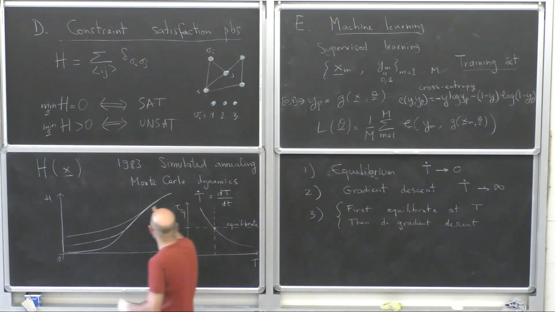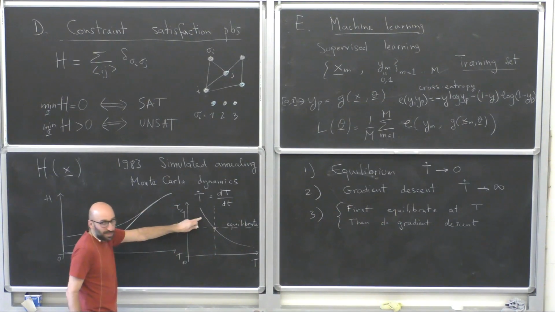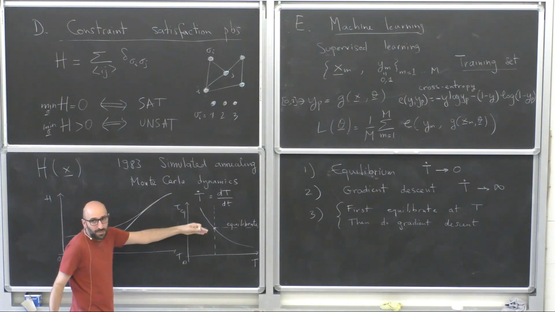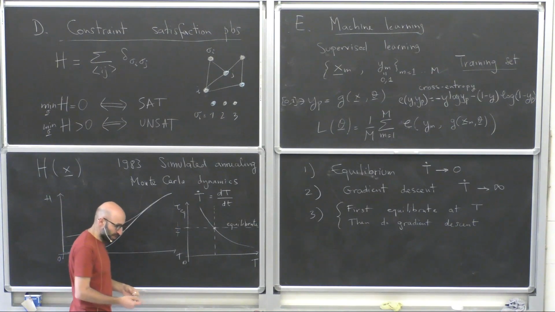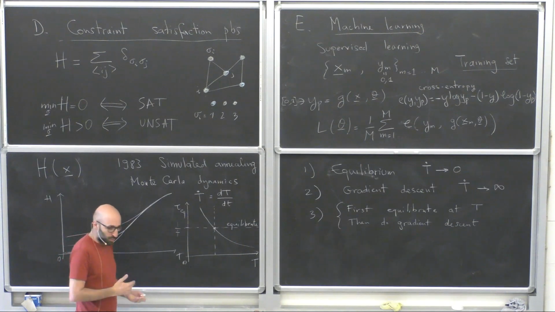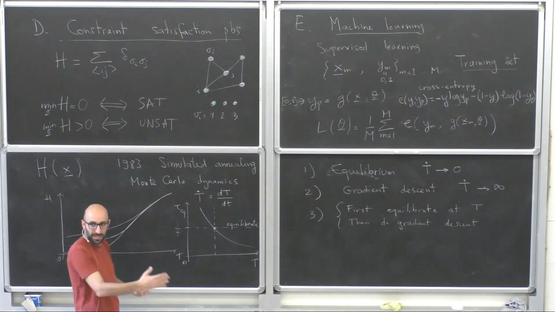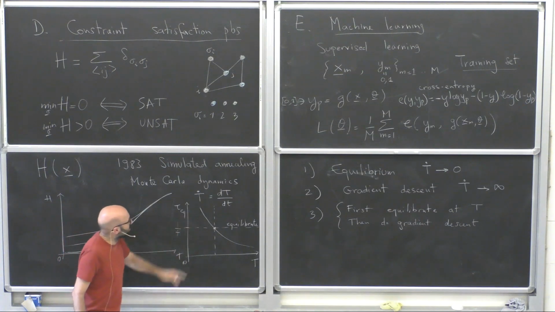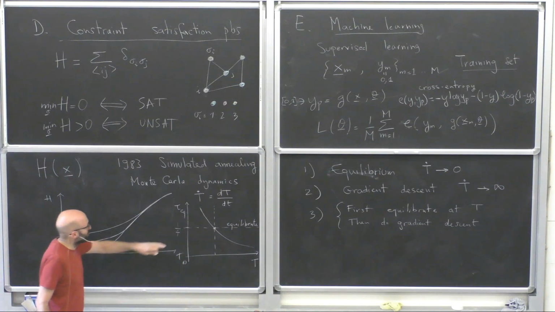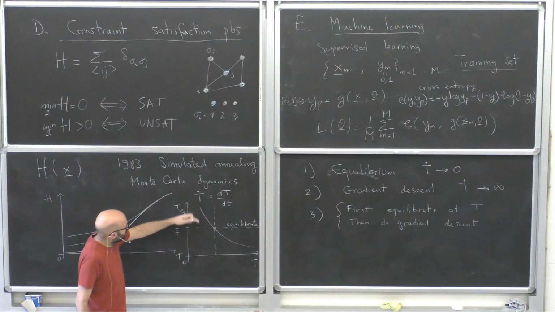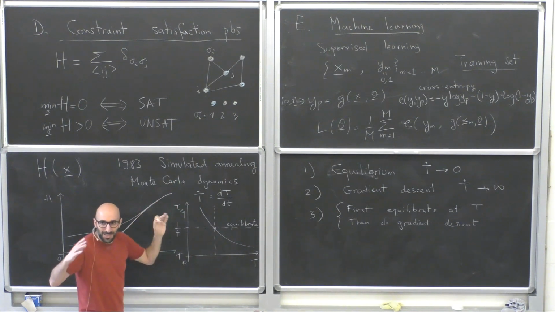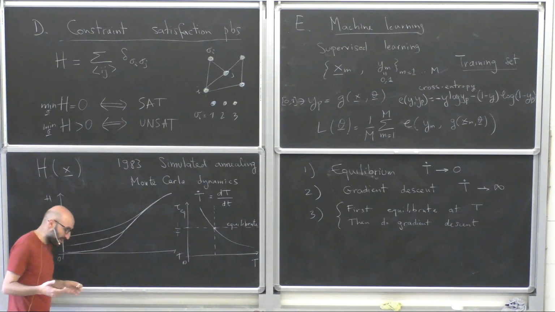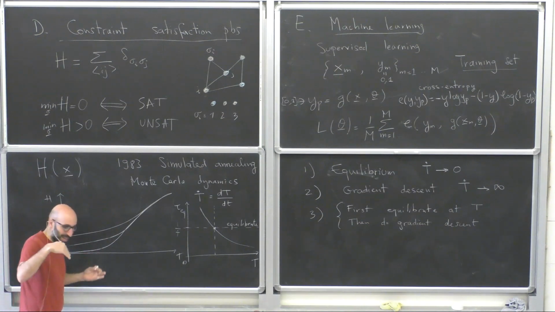But then at some point, the equilibration time becomes bigger than the typical time scale over which temperature changes. So the system is not able to follow adiabatically the temperature change. It's going out of equilibrium. And if you want to make an approximation, you can think that at this point you are essentially in a regime where you are following the gradient.